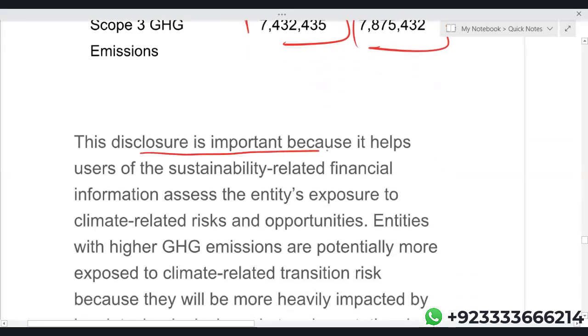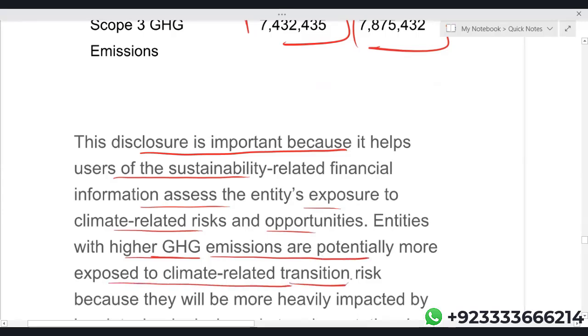This disclosure is important because it helps users of sustainability-related financial information assess the entity's exposure to climate-related risks and opportunities. Entities with higher greenhouse gas emissions are potentially more exposed to climate-related transition risk.